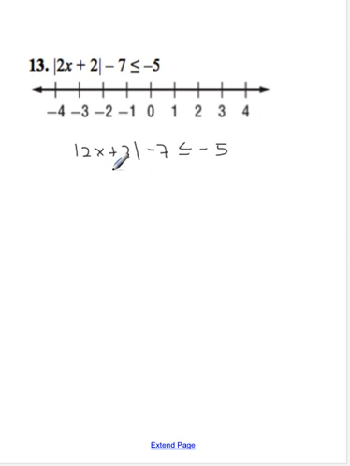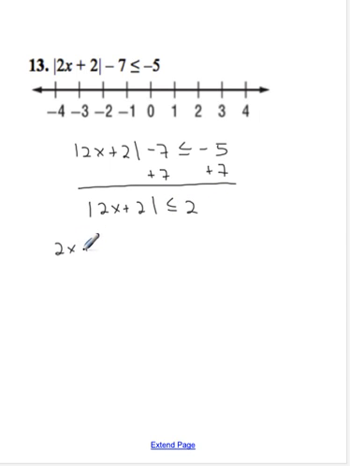Okay. First thing I want to do is get this absolute value by itself, so I'm just going to add 7 to both sides. So that gives me the absolute value of 2x plus 2 is less than or equal to 2. So splitting, I get 2x plus 2 is less than or equal to 2. That's my positive case. And 2x plus 2, flip the sign, is greater than or equal to negative 2.